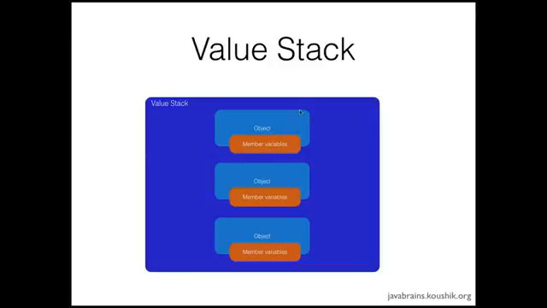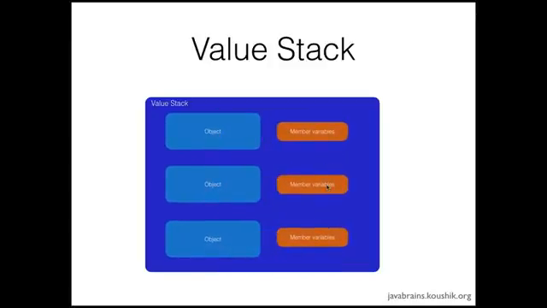But since this is a common thing that we would do, what the value stack does is isolate out all these member variables, and it behaves like a virtual object which has these member variables. So imagine these member variables are all taken out and become part of this value stack object itself. They are not member variables of the objects that are in the value stack. They act as if they are member variables of the value stack itself.